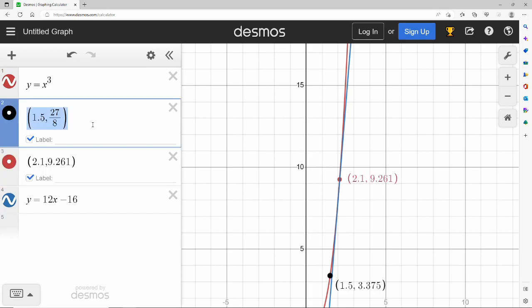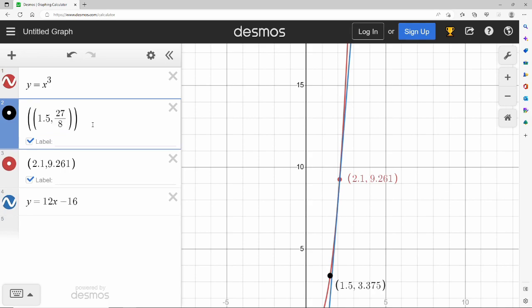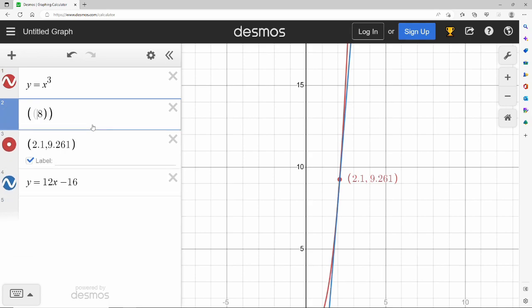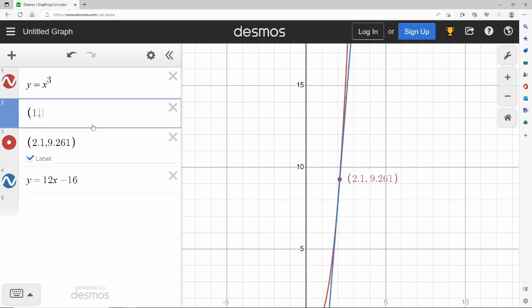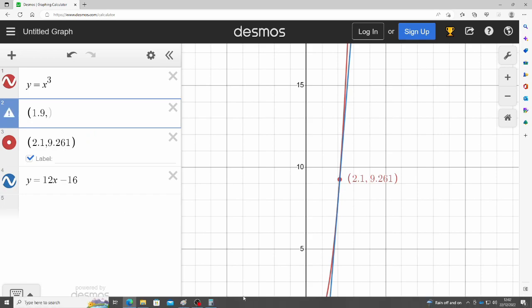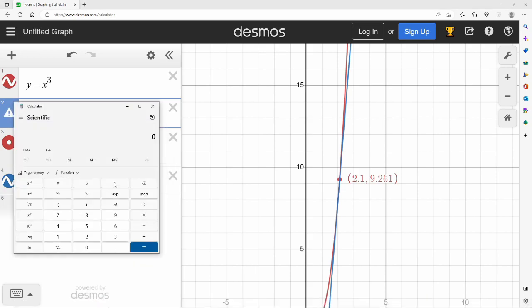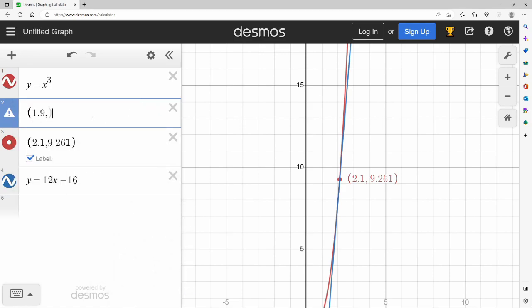And the other one was 1.9 and 1.9 cubed, which is 1.9 times 1.9 times 1.9, 6.859.